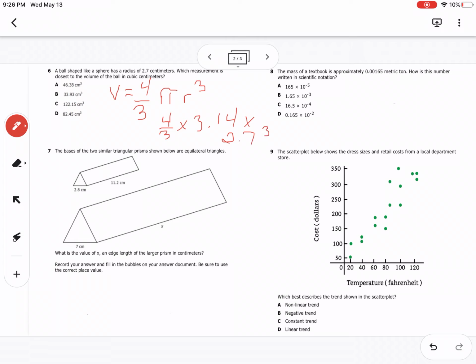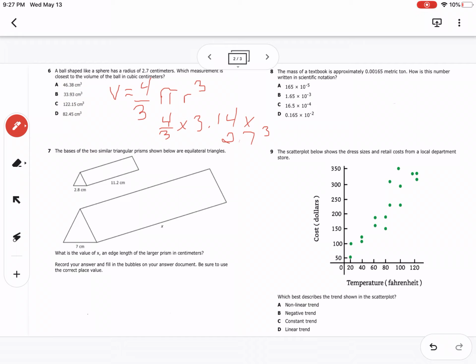Okay, so looking at your calculator, hopefully you are using a calculator, 2.7 cubed, which means basically we're going to multiply 2.7 by itself 3 times. So 2.7 times 2.7 times 2.7 equals 19.683.